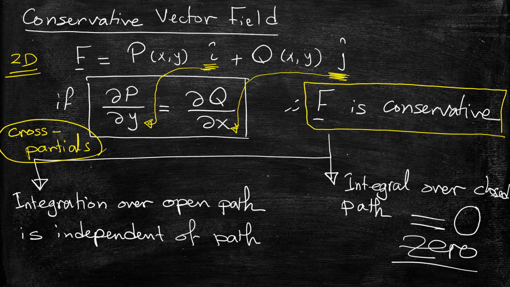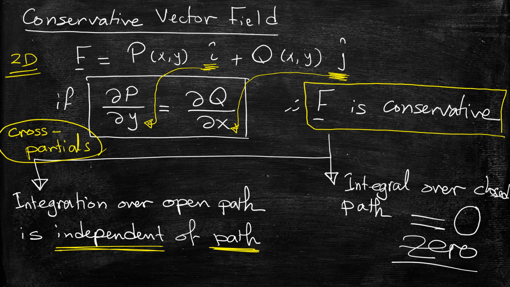Why is this very important? It's very important due to both these properties. If we are doing integration over any open path from one point to the other, as we did in the previous few examples, this integration will be independent of the path.